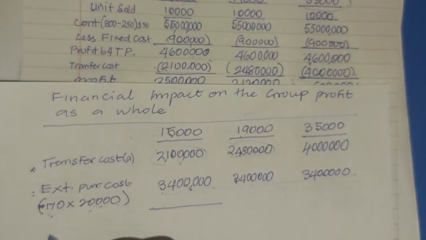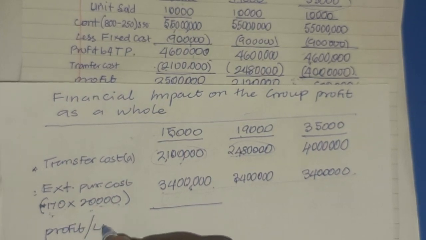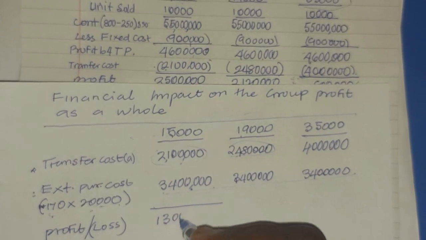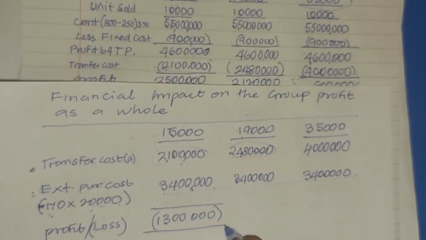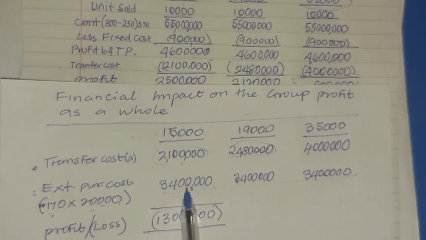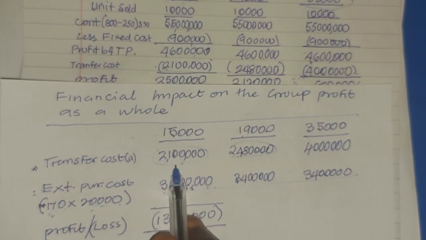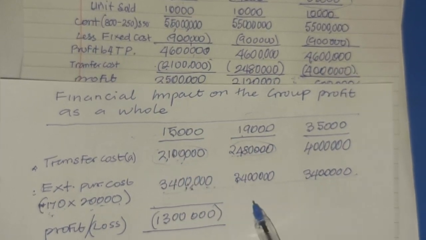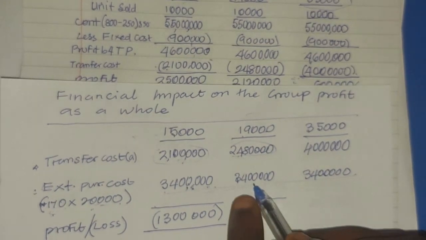We can say profit or loss in brackets. So it will have been a loss, because it's buying more now. Are you with me? It's spending more than when it's buying internally.